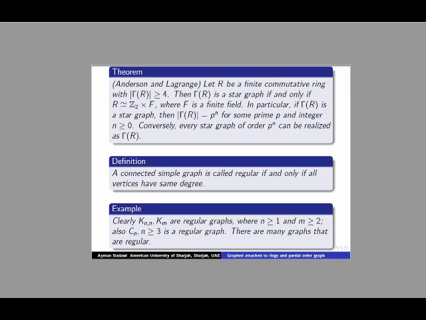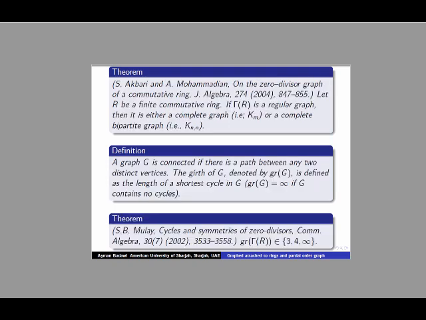Look what we have here. In this paper, 2004, by Saeed Akbari and Mohammad Yan, they are Iranian mathematicians, they show that if the zero divisor graph is a regular graph, then it has to be either complete or complete bipartite.